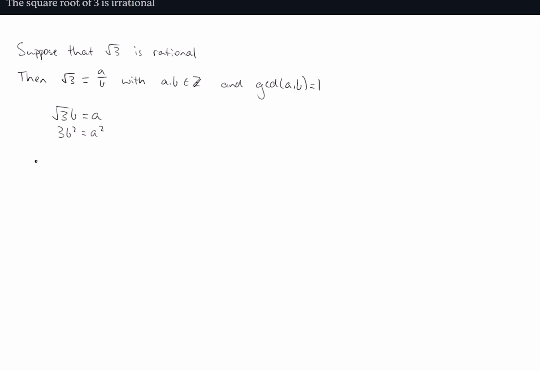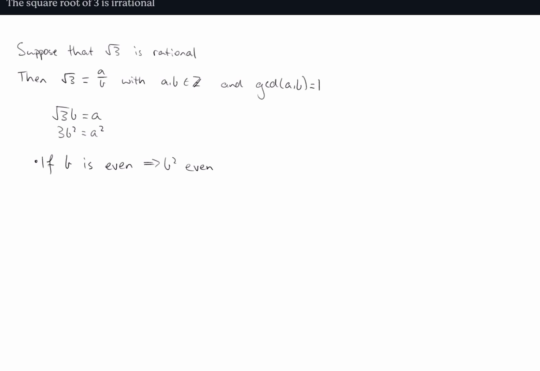Say b is even. We want to get into this form to be able to draw something from the evenness of b. If b is even, then it's true that the square of b is also even. This requires a couple more steps, but we'll avoid this for now.